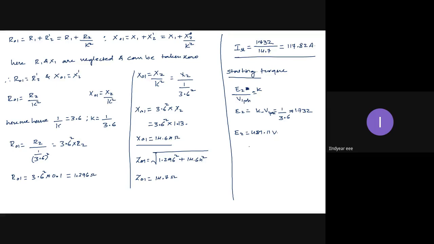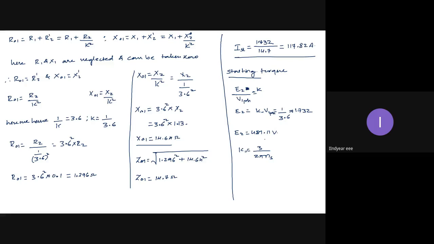Then you can find K1 is equal to 3 divided by 2 pi ns. So find the synchronous speed in RPM, divide by 60, and you will get the synchronous speed in RPS. Then substitute the values and find the starting torque.